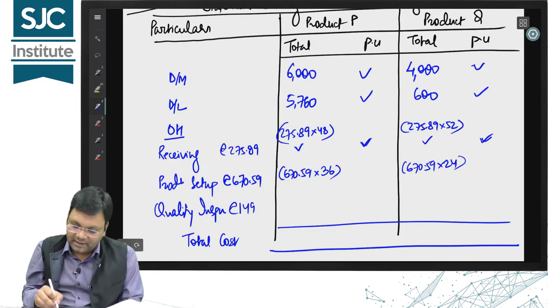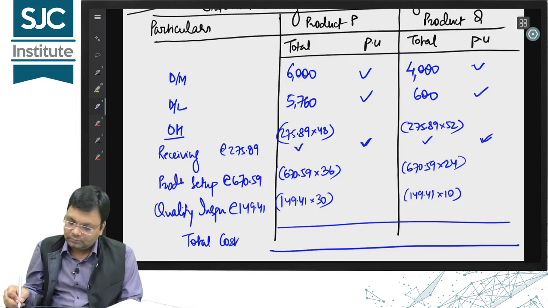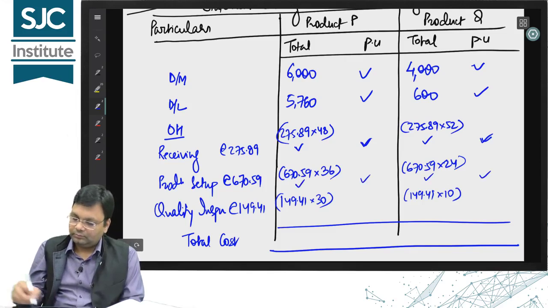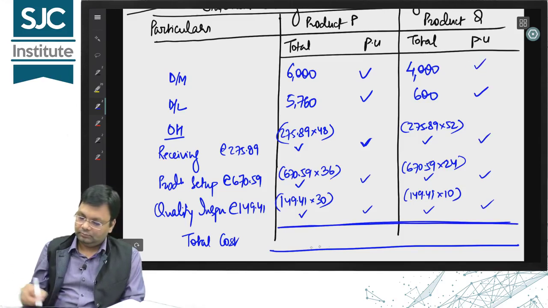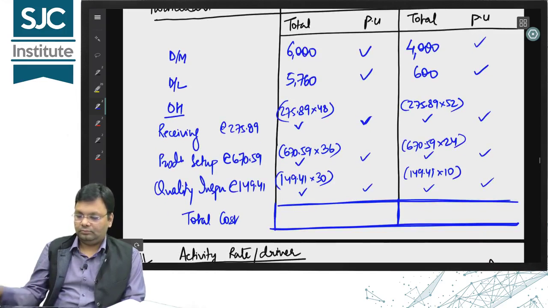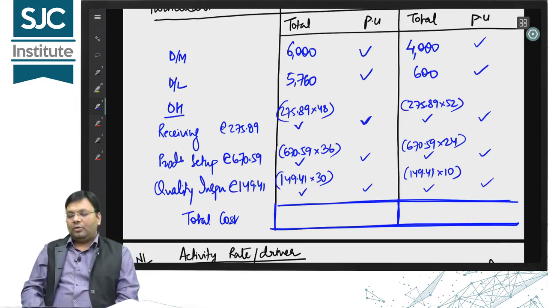Then this is at the rate 149.41 into 30. 149.41 into 10. Please tell me the total and per unit of P and Q.